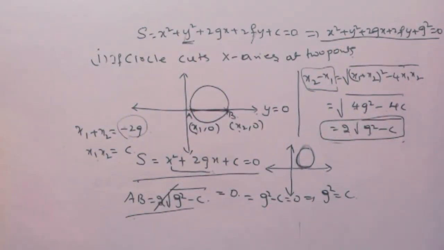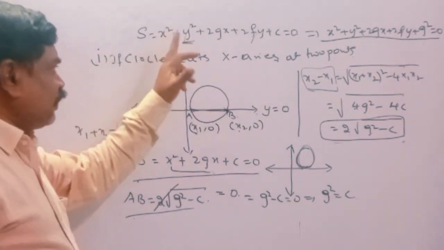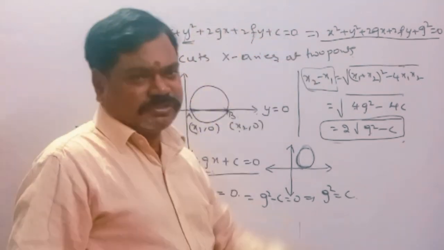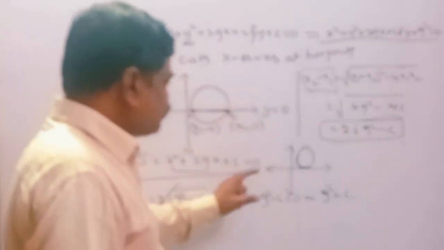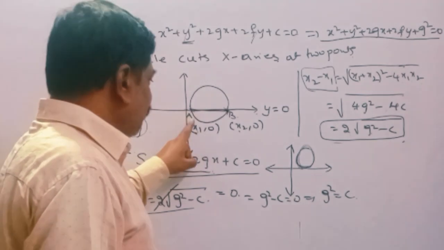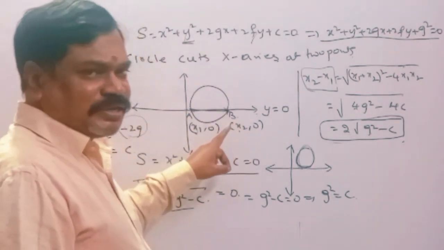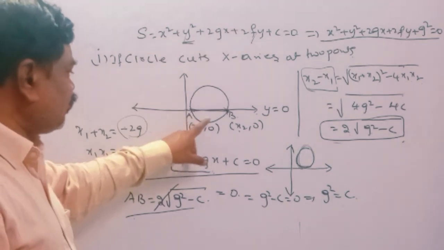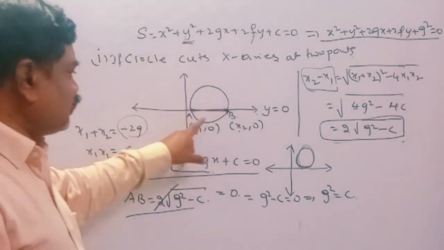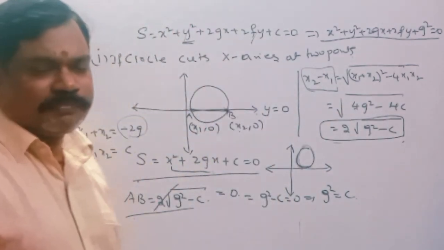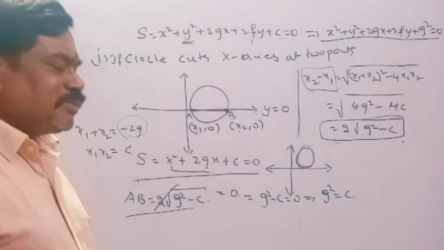Okay, all of you. So x square plus y square plus 2gx plus 2fy plus c equal to 0 cuts the x-axis, then AB is the intercept of the circle, that is 2 into root over g square minus c, by x-axis.